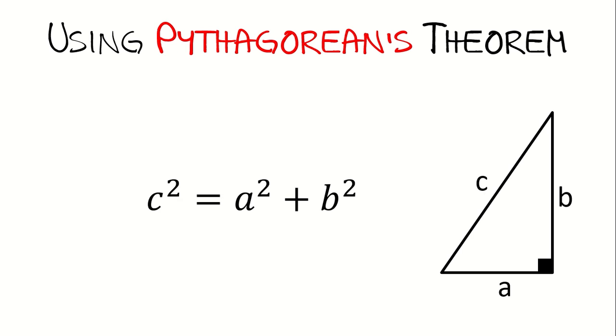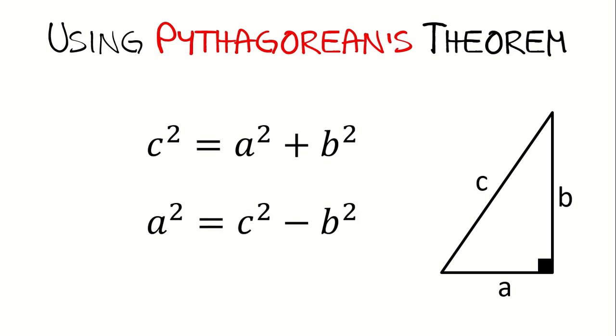C squared is equal to A squared plus B squared. A and B are the lengths of the sides next to the 90-degree angle, and C is the length in front of the 90-degree angle. C squared is equal to the summation of A squared and B squared.